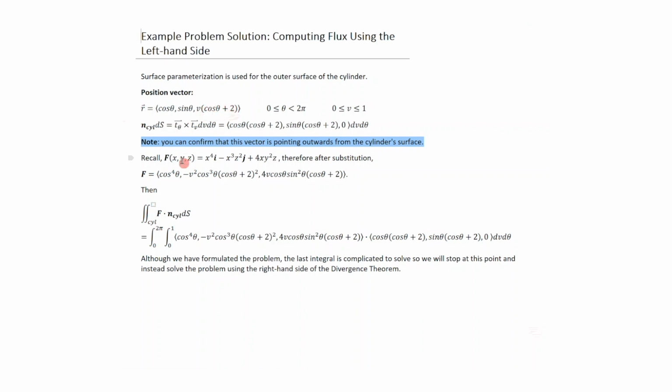And so this is really all we're going to be doing, converting F now in terms of functions of theta and functions of v. And so there it is in full form. So now we take this and substitute here. We have the differential surface for the cylinder, which we computed from here, and we take the dot product and put it together. Okay, so that will be the third flux contribution.